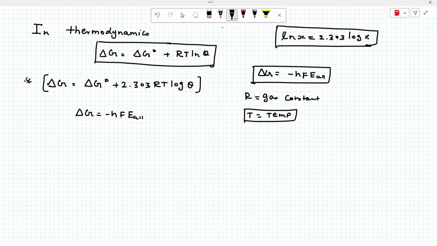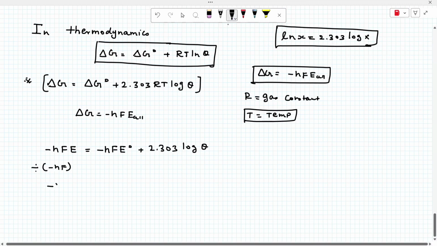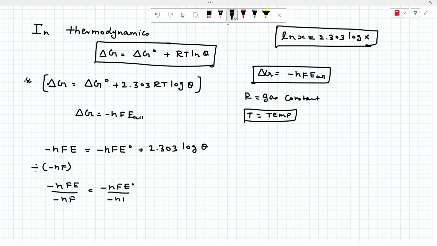Substituting, minus NF E cell equals minus NF E naught plus 2.303 RT log Q. Now if I divide the whole equation by minus NF, we get E cell, and 2.303 RT by minus NF into log Q.